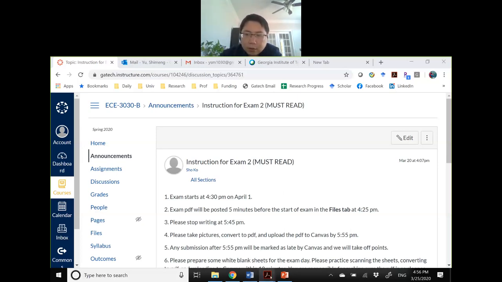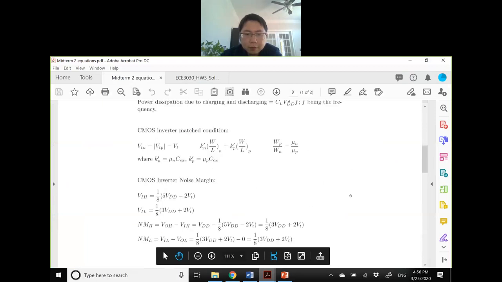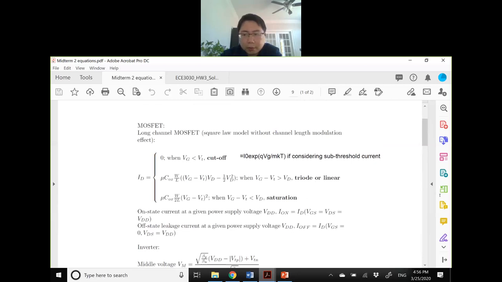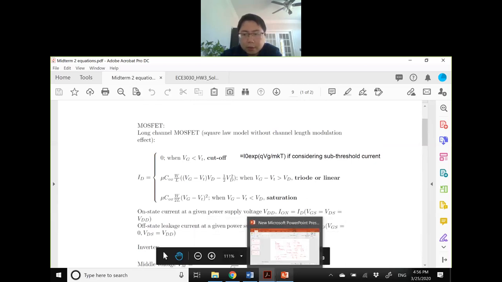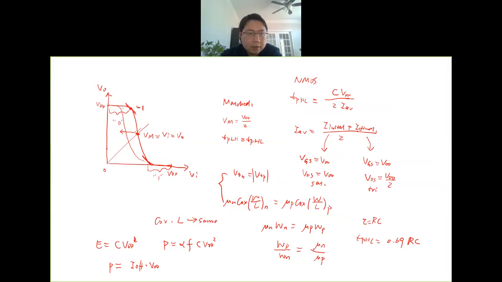So this is not required in this course, and the equations we have in this equation sheet are for the matched case, I think, and we don't require how to calculate the noise margin under the unmatched case. But conceptually, you need to understand, let's say, if NMOS is stronger, then you shift to the left.